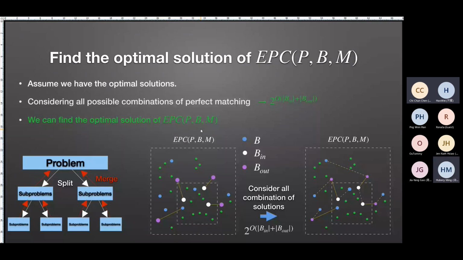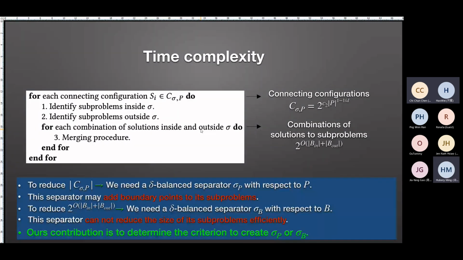As we have discussed, there are two for loops. For the first for loop, we have to consider all of the connecting configurations, which we denote by SI, in the set of connecting configurations.